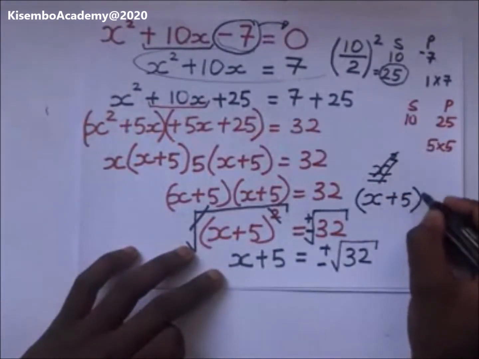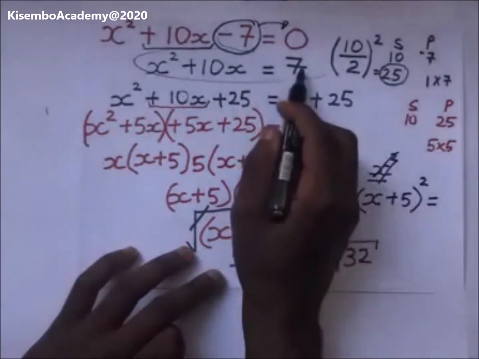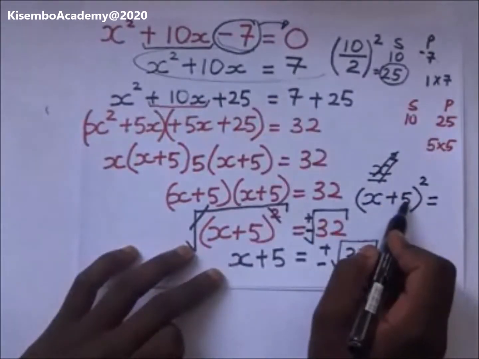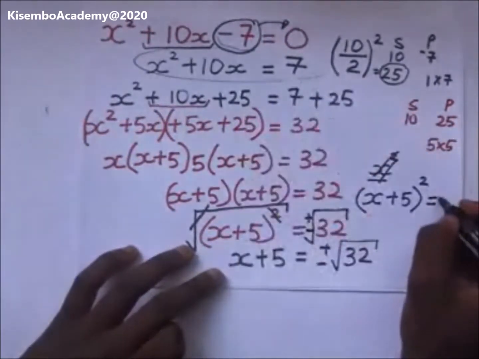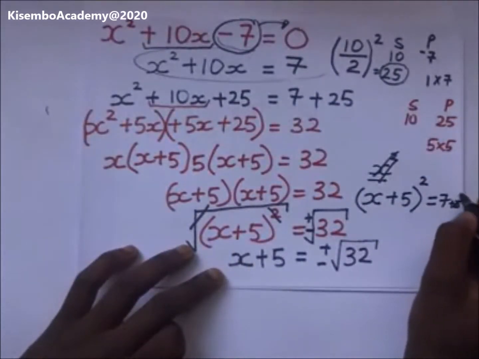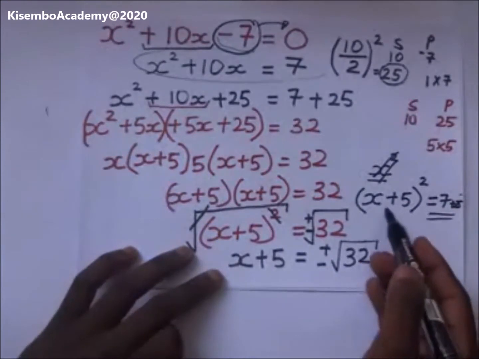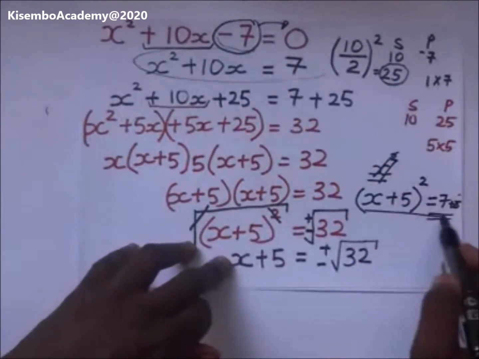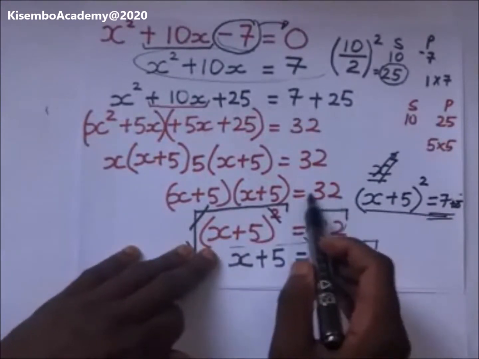Then we simply say this is squared, is going to be equal to 7 plus now this 5 squared. 7 plus 5 squared, which is 25. Like that.